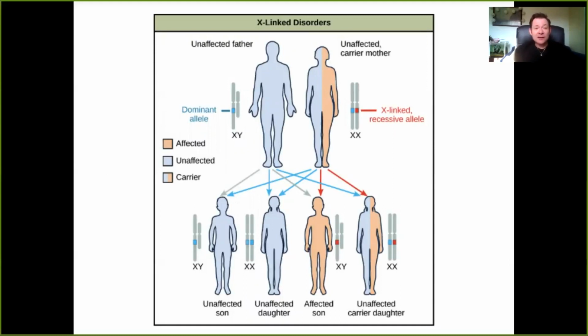So if we look here, we can see a father and we can see a mother. The mother can be the carrier of a particular X-linked recessive allele. Dominant on X, dominant here. So these 2 parents basically do not have the trait.